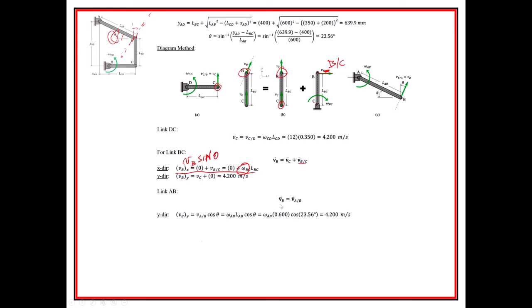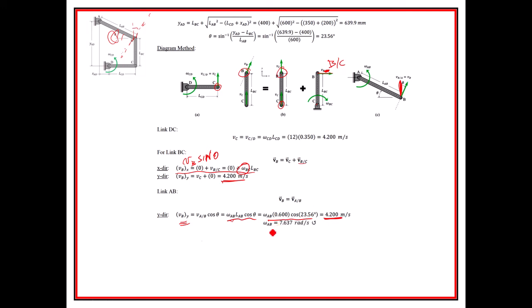Okay, so we find the velocity of B right here in the y direction is going to be omega AB times L AB, times the cosine, right? So this is the vertical direction right here. So we have this right here, and we know that, we plug numbers in, we know that it has to be this value right here.